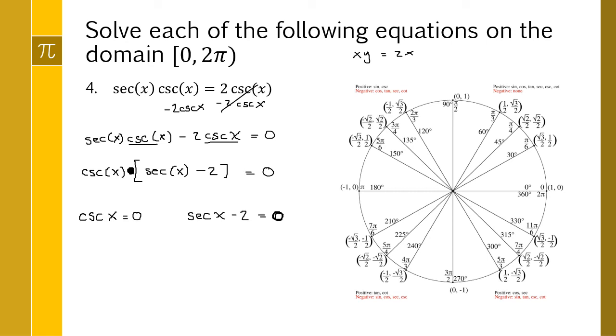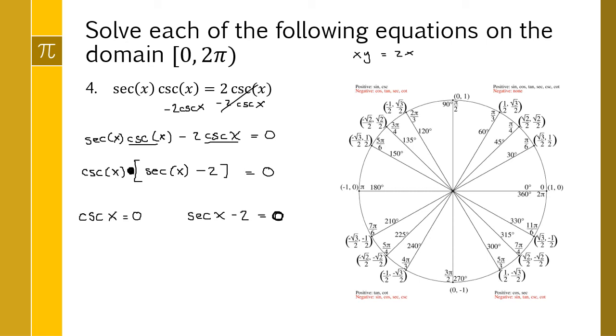Now, we're not real comfortable finding inverse cosecant or inverse secant of a number. So if you have anything other than sine and cosine, go ahead and use a reciprocal identity. So if cosecant of x is 0, then the reciprocal identity tells us that cosecant is 1 over sine.